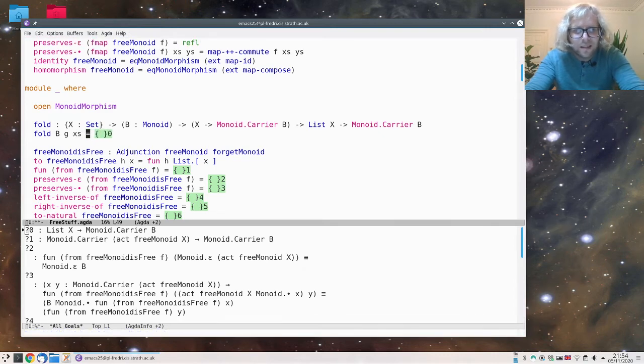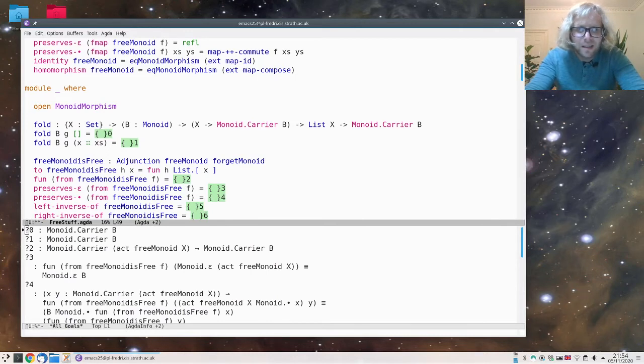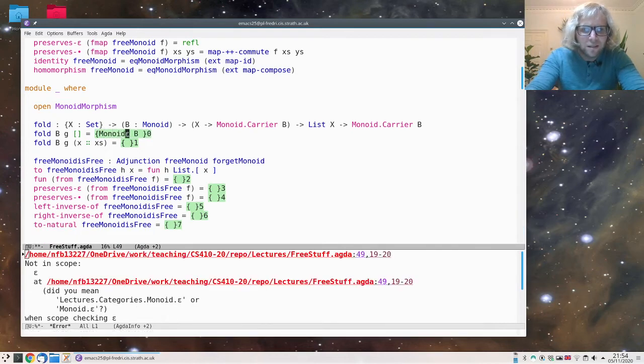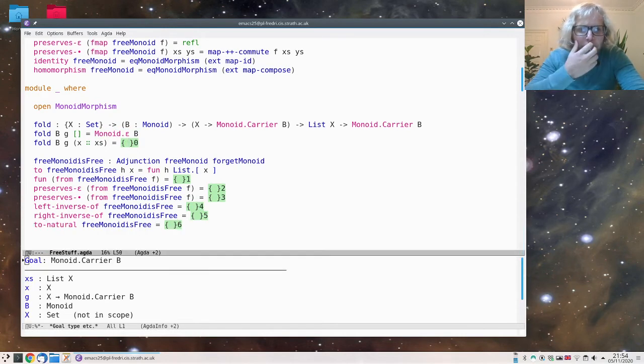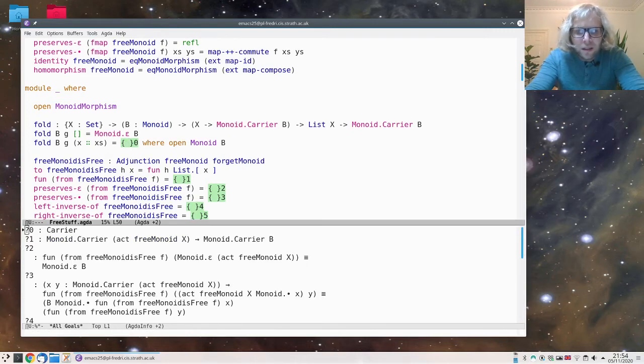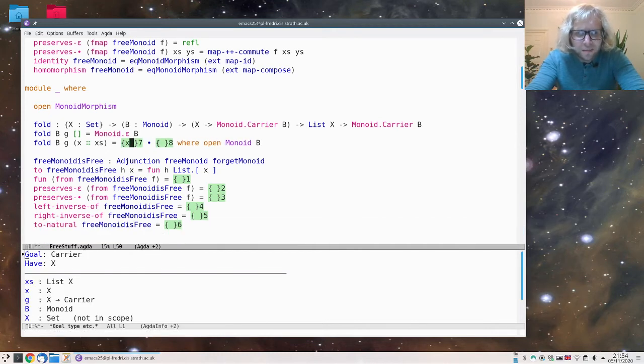Okay, let's see how I would do it. A pattern match on the list, of course. If it's empty, then this represents the empty multiplication. That should be the unit of the monoid. And otherwise, okay, let's open B. Otherwise I can multiply the first element, that's x, but that lives in x, so I interpret it as a monoid element.